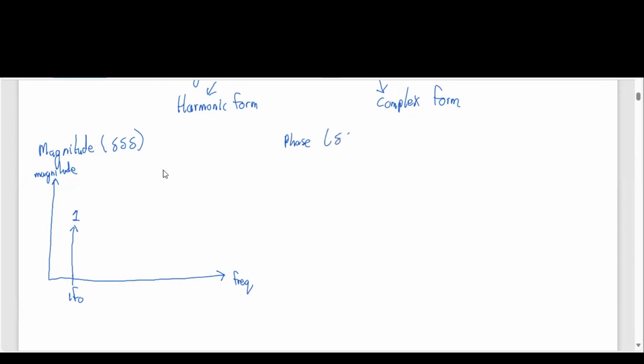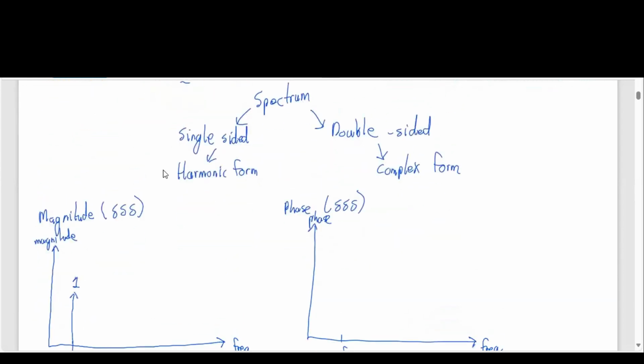All right, so this is the single-sided spectrum. Frequency still goes here, and on top here we'll have your phase. The only harmonic we have is the one F naught, and there is no angle. All right, so this is the single-sided.